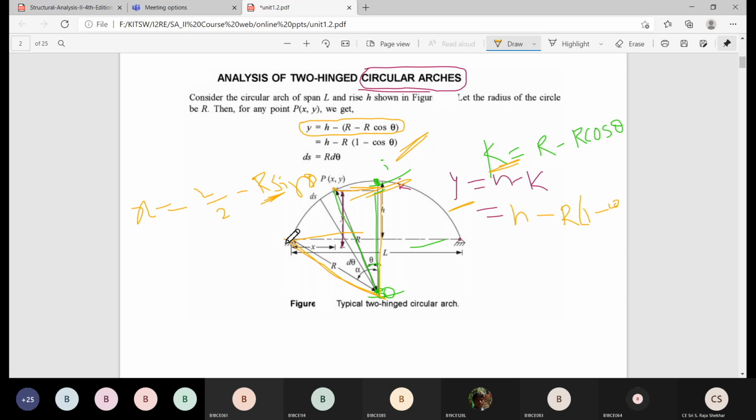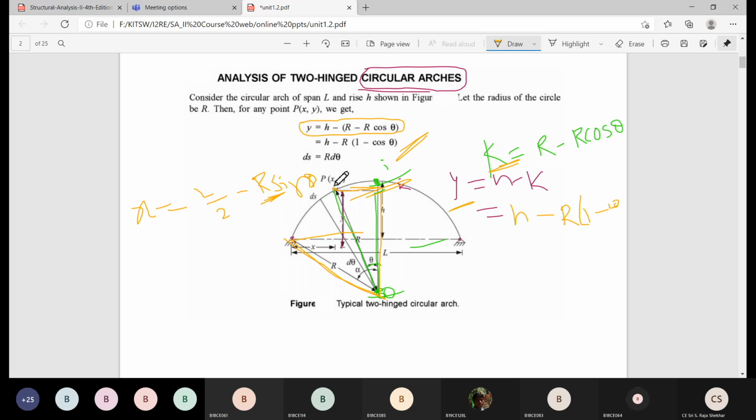So x is equal to L by 2 minus R into sin theta. And y is equal to h minus capital R into 1 minus cos theta. These two equations are useful for the calculation of horizontal thrust for the 2-hinged circular arch.